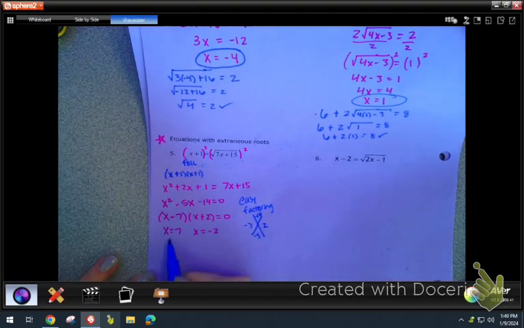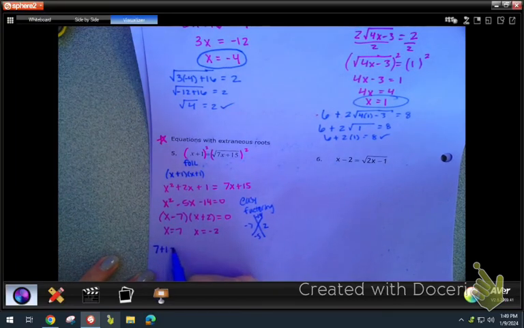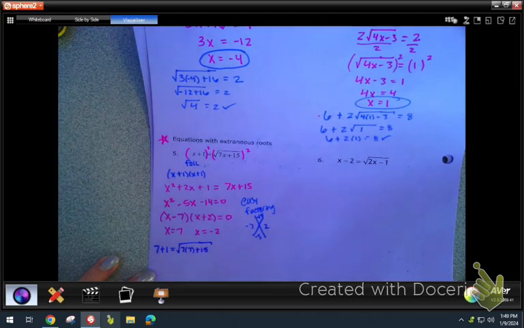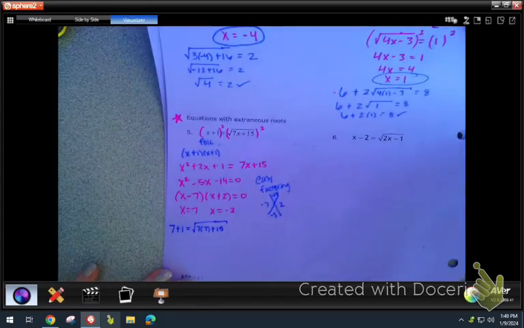So if we put 7 in as our solution, this would give us 7 plus 1. Is that equal to the square root of 7 times 7 plus 15? And again, this is a check. This is like, I'm going to do some mental math and make sure that it works out. 7 plus 1 is 8. That's positive, so this is promising. If this were negative, I would immediately throw it out because the square root can't equal a negative.